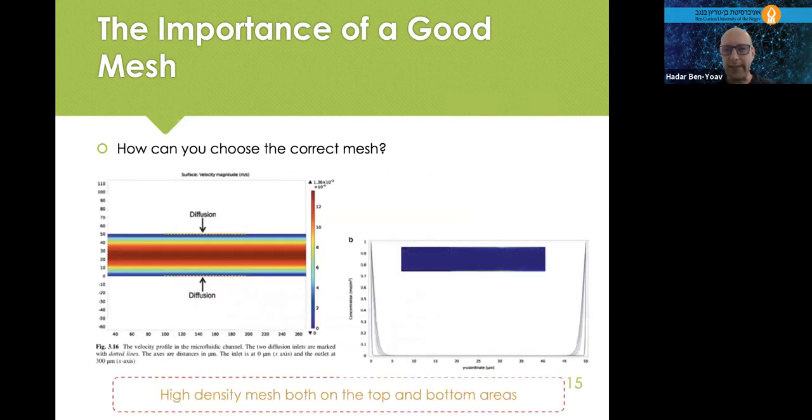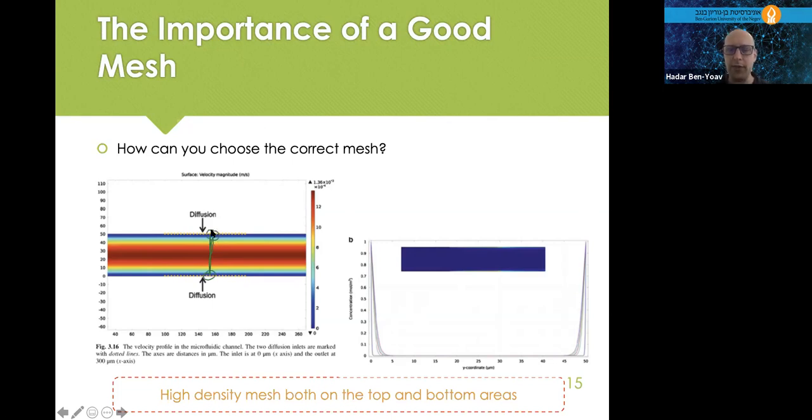So when we choose the correct mesh, and we have high diffusion from here and high diffusion from here, and we look at the cross section, what we get is a high concentration on one side and high concentration on the other side.